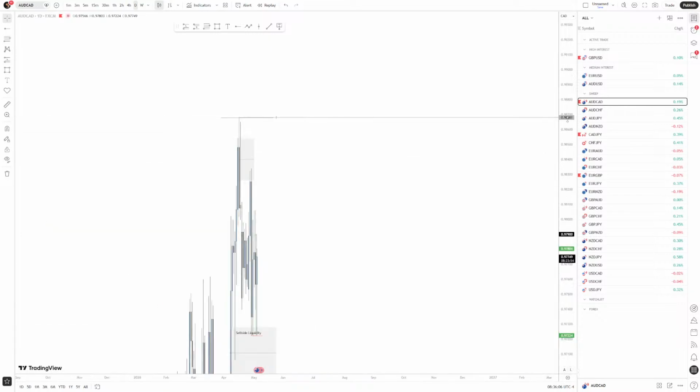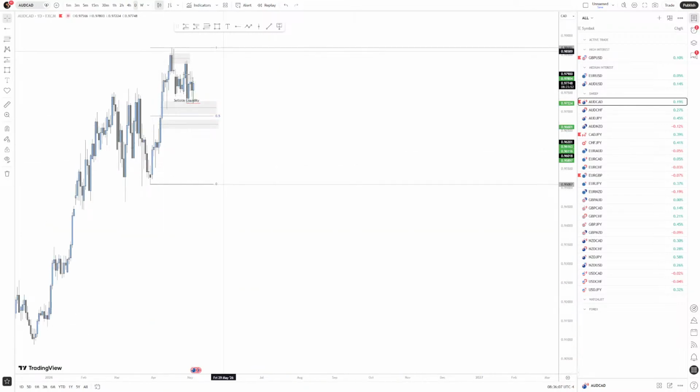So let's look at the daily time frame. We are in a premium. Hold high over here. That should be bearish.